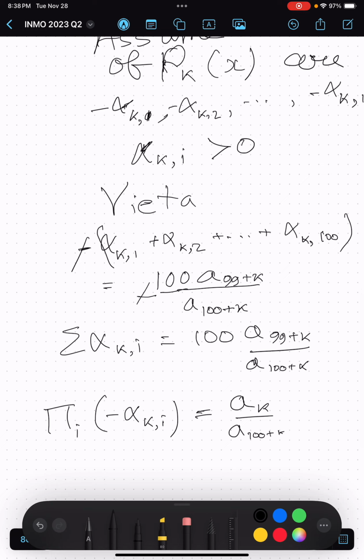Since there are 100 different terms all with negative signs, we can cancel them out because minus 1 to the power 100 is positive 1. So the product equals a_k by a_{100+k}.